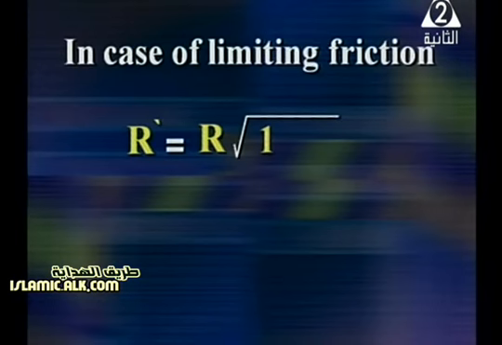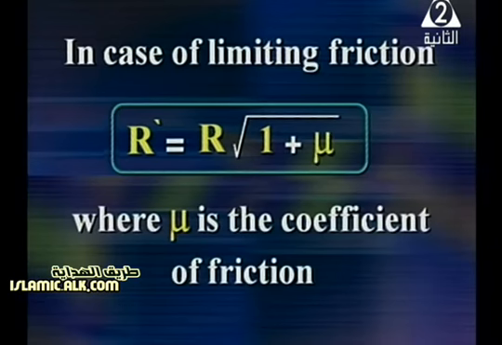In case of limiting friction, we substitute F equals mu R. In this case, R resultant or R dash equals R times square root of 1 plus mu squared. Mu is called the coefficient of friction.